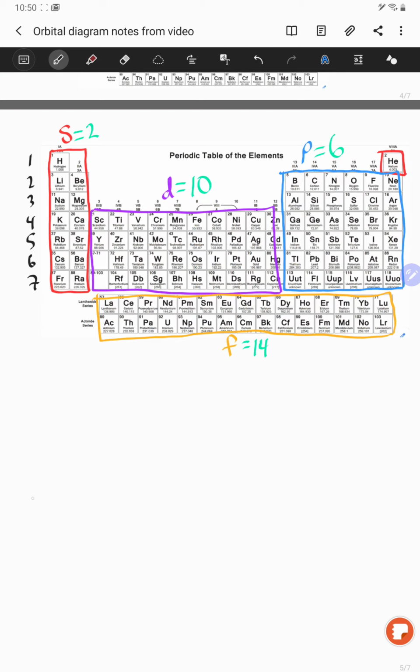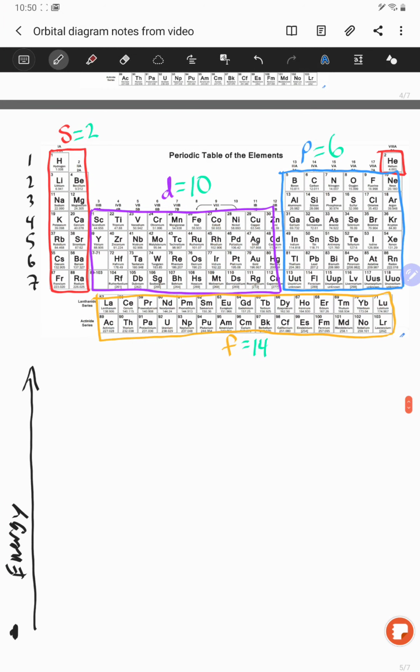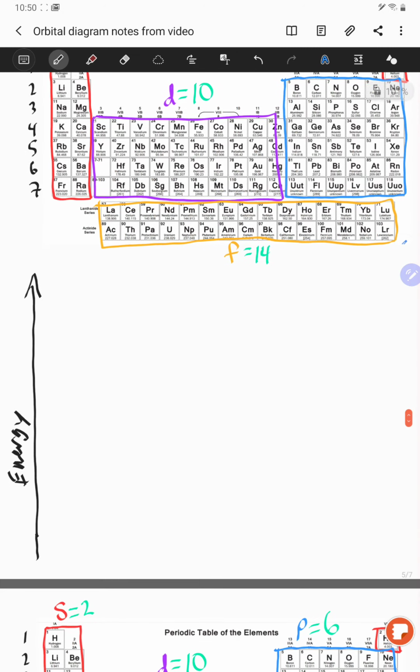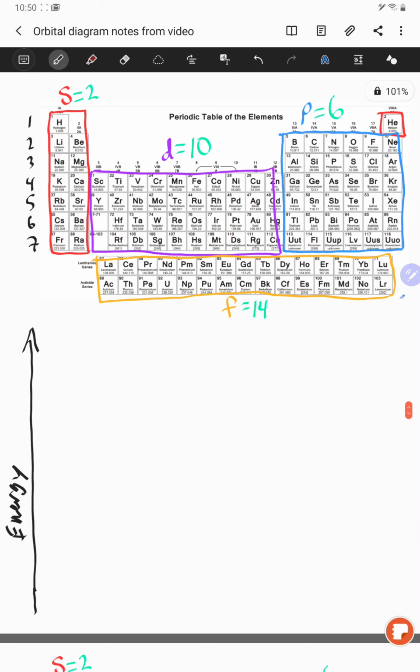So when drawing our orbital diagram, again, we're always going to start with our arrow pointed up, and we're going to label this as energy. Down here is like where the nucleus is, and the higher up we go, the further we get from the nucleus. All right, so just like last time, we're always going to start with our 1s orbital.